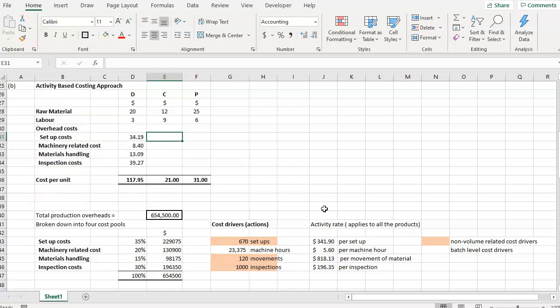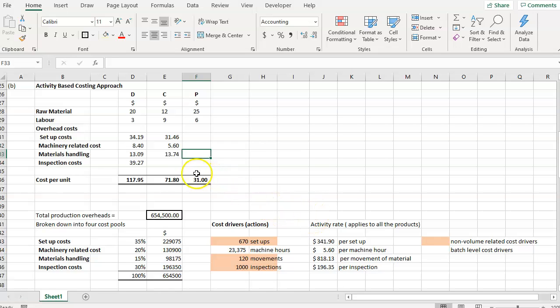The setup cost for C was $31.46. The machinery related cost for C was $5.60. Material handling for C was $13.74.